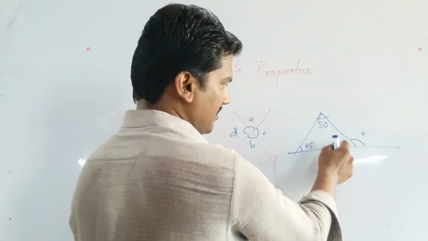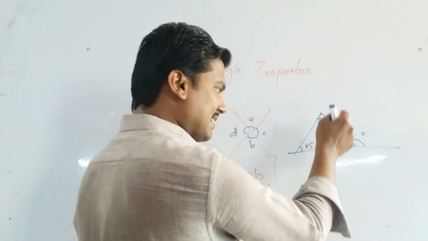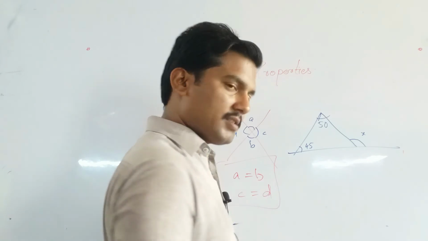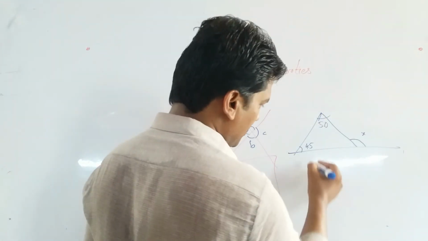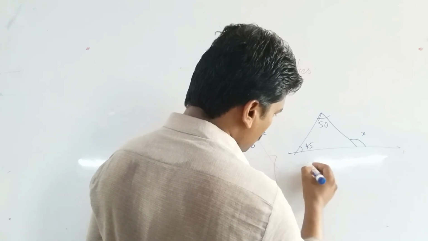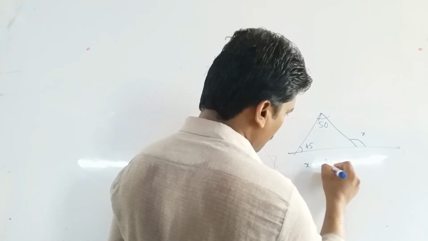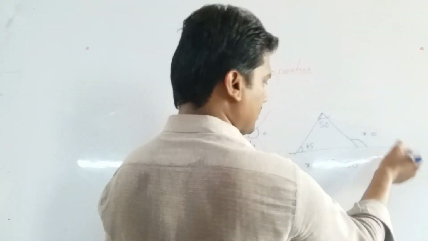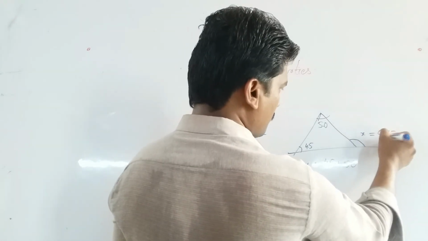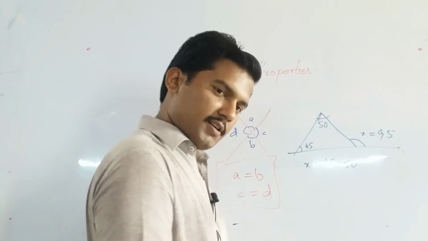This is adjacent, this is not the opposite interior. This is interior, but it's not the opposite. These two are opposite interior angles. So x is equal to 45 plus 50. So x is equal to 95. Okay, well.